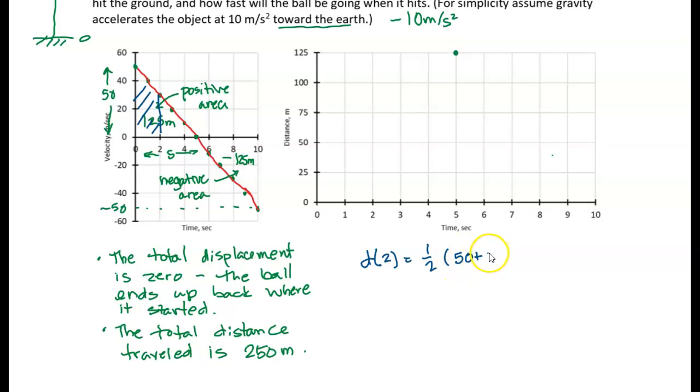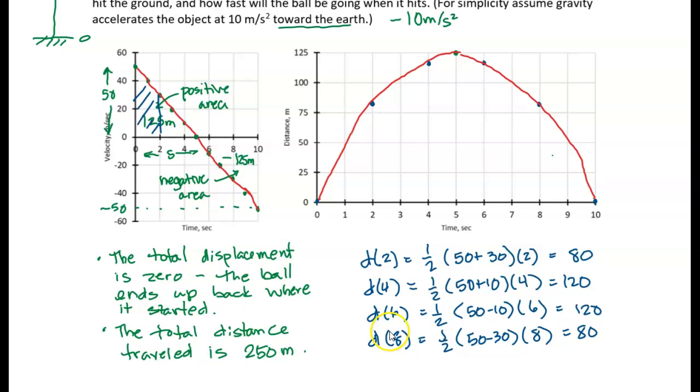So 50 plus 30, and then it's two units wide, which is essentially the height of the trapezoid. And so you can see that the distance would be 80. So we could plot that distance at 80. 80 is about, let's see, there's 75, so let's say that's 80. And we could also plot the distance at 4 seconds, and so on.